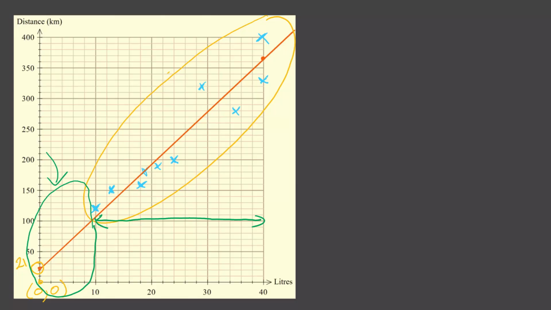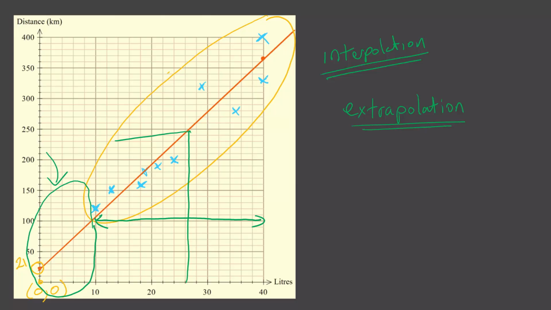So anything outside of that is unreliable, because if we look at the outside of the data and we try to make measurements there, we're doing something called extrapolation. Extrapolation is unreliable. You can only really take measurements inside the data, and that is called interpolation. And interpolation is fine provided we have a strong correlation, as we did here.